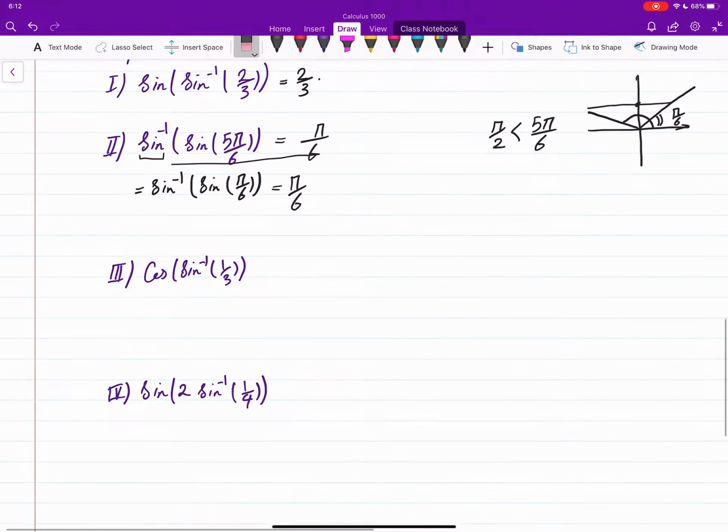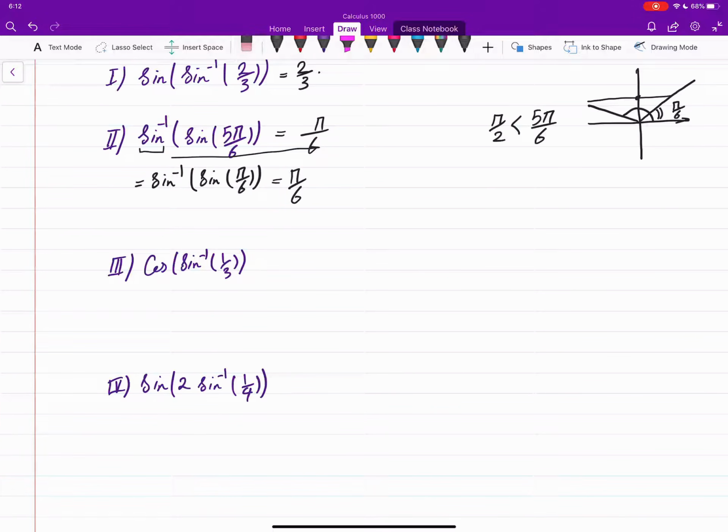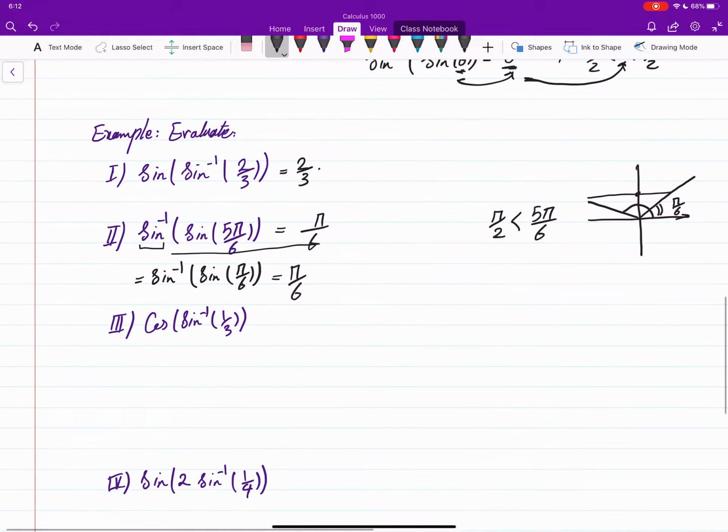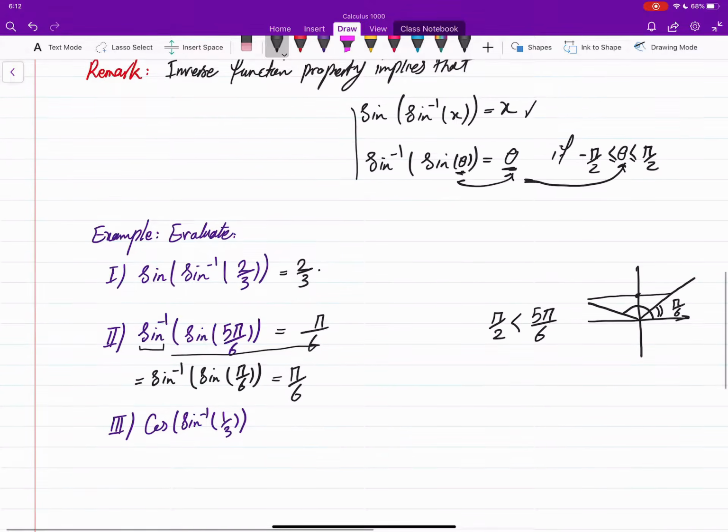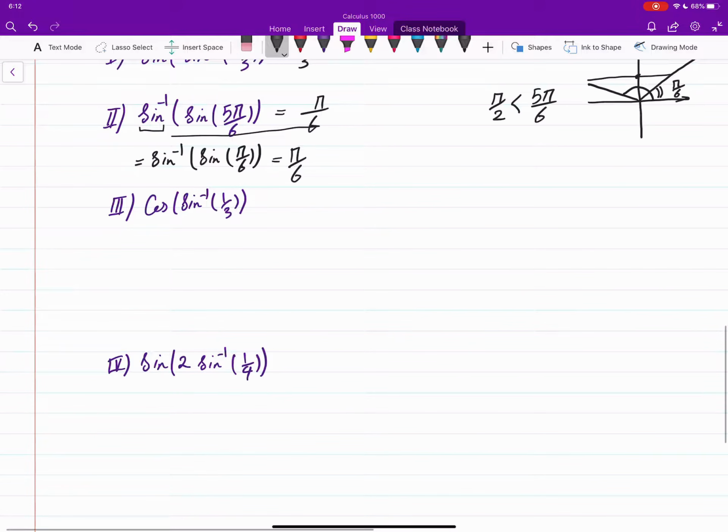How about cosine of sine inverse of 1/3? Well, here there's no obvious relation between cosine and sine inverse. We don't have any formula like that for cosine of sine inverse. But what you can notice is that, first of all, sine inverse of 1/3, let's call this one theta.